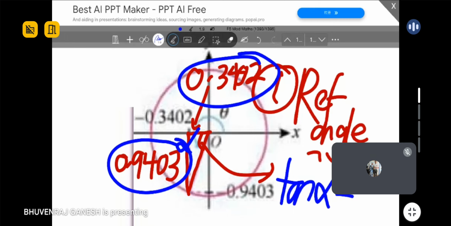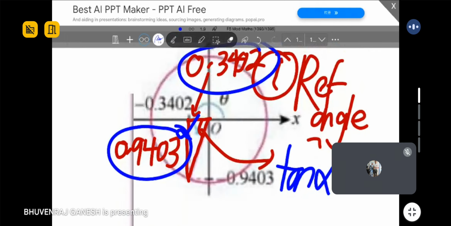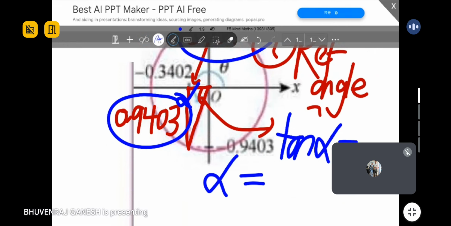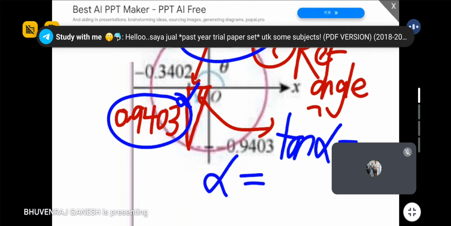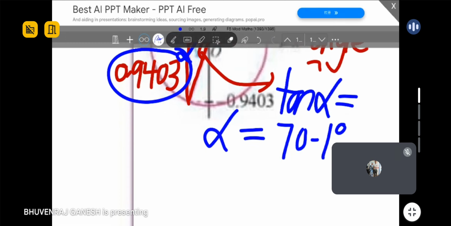Then just press calculator only. Tekan calculator saja. Itu adalah konsep dia. So you should get the answer of shift tangent, 70.1 degree.